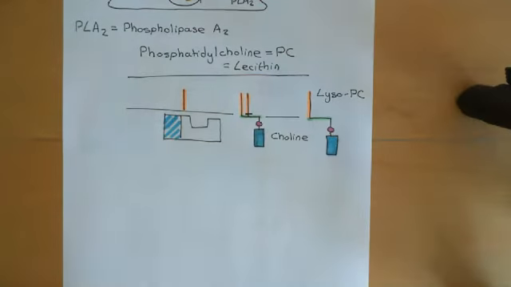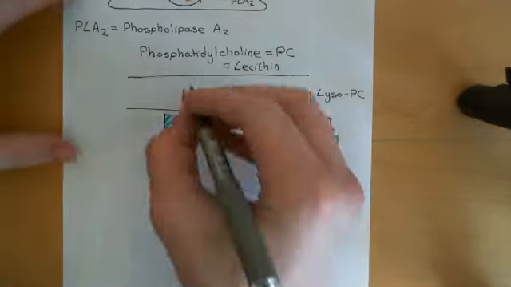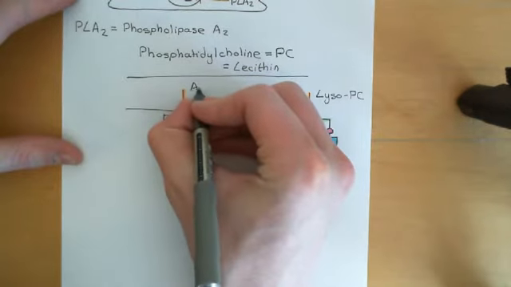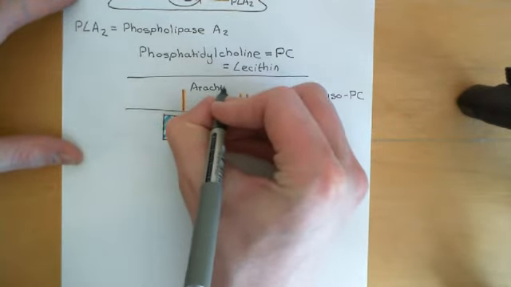Now, in some phosphatidyl choline molecules, this free long-chain carboxylic acid will be a long-chain carboxylic acid called arachidonic acid, and this is the important one, that we are going to start liberating some arachidonic acid.